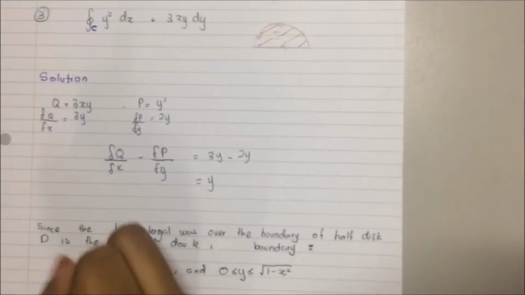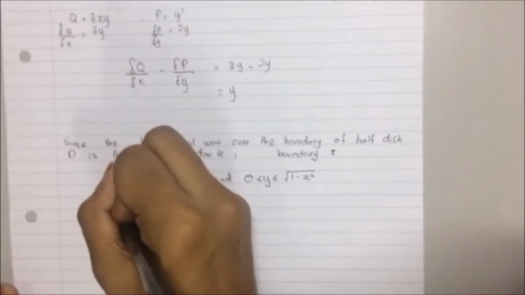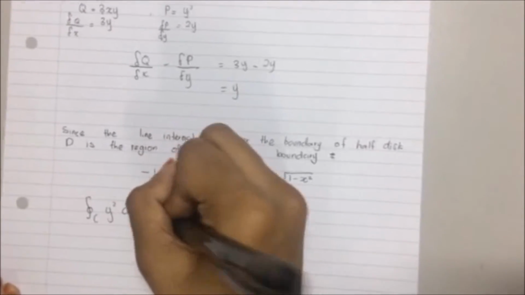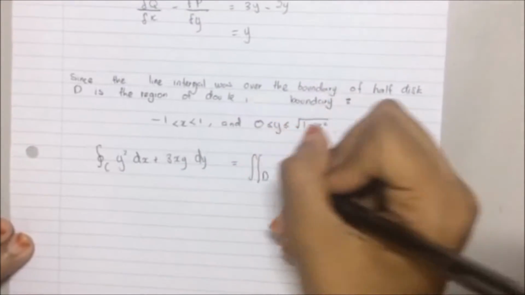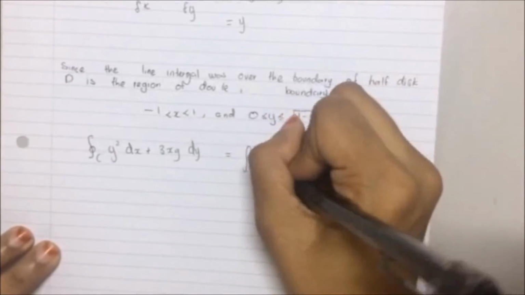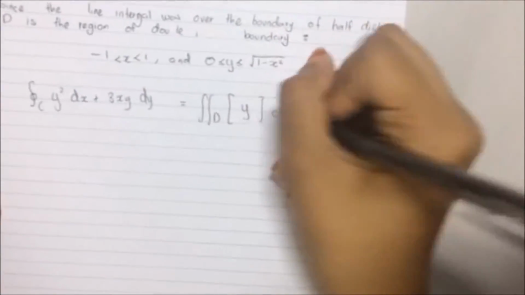So now we use Green's theorem, which is the integral over C of 2y squared dx plus 3yx dy equals the double integration of region D of this one, y dA.